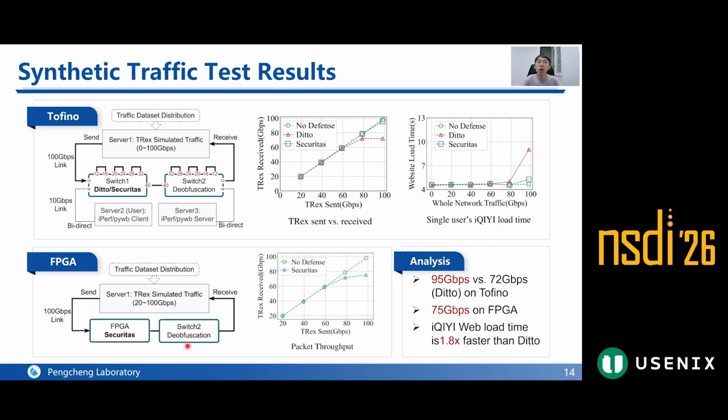Through these two testbeds, we have the following results. In Tofino, the processed real traffic throughput is 95 gigabits per second and is 75 gigabits per second in FPGA. And the website load time is 1.8 times faster than the baseline.